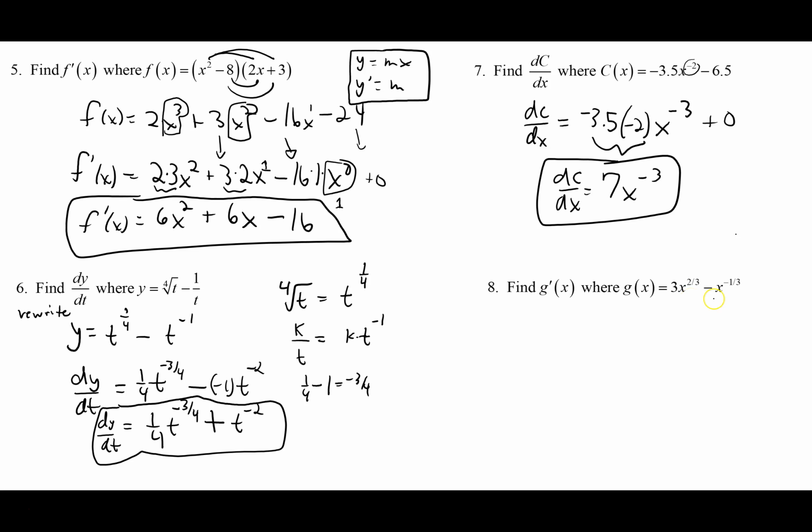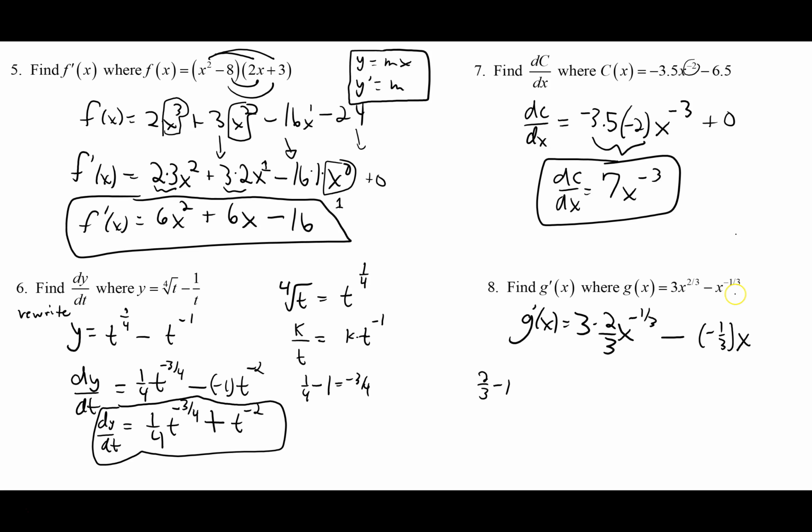Okay. Now we already have the fractional exponents in number 8. So when it's time to write the derivative, keep the constant 3, bring down the 2/3. 2/3 take away 1 is a -1/3. The minus sign between the two functions gets carried down. You bring down the -1/3 for the exponent.